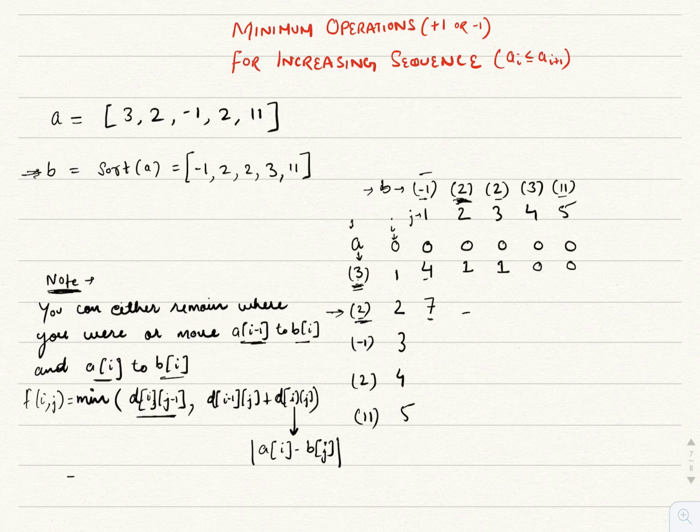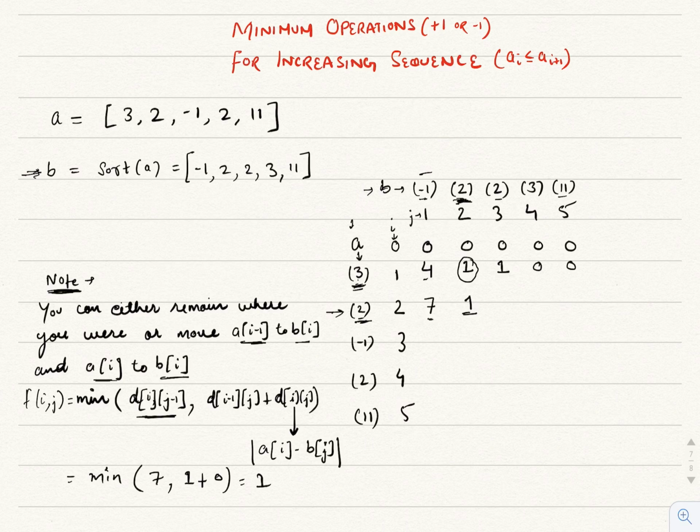And we want to find the minimum of it. So this one is we'll remain where we were, which is 7, or we'll move 3 to 2, which is this number, which we have already found out from the table, 1, and we move this A[i] to B[j], which we can easily find by subtracting these two, which is 0. So the minimum is going to be 1 here, so put 1.